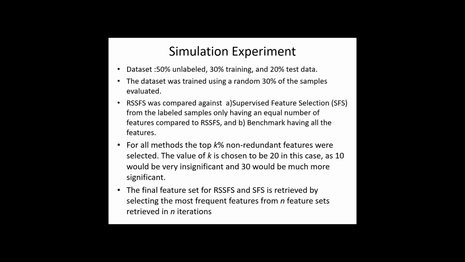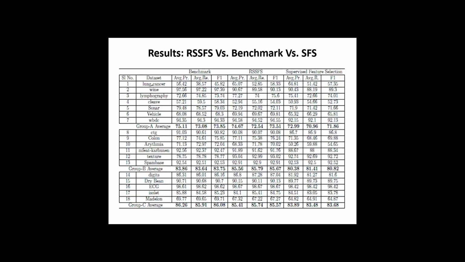So our algorithm had the top 20% of features. The supervised feature selection also had the top 20% of features, but based on the two labels. Our algorithm was based on augmented learning, and the benchmark performed on 100% of the features.